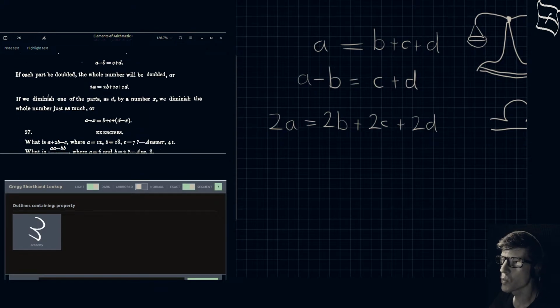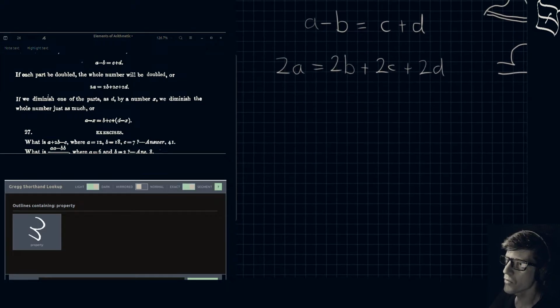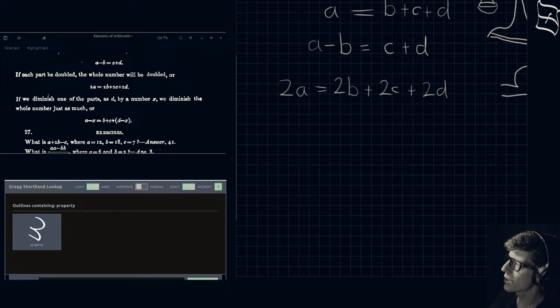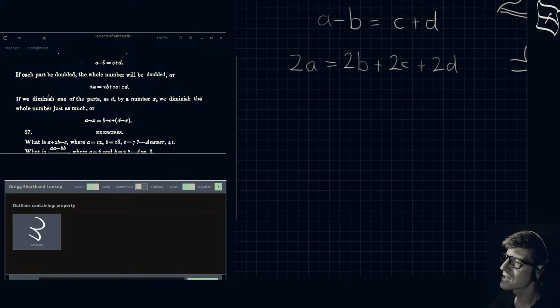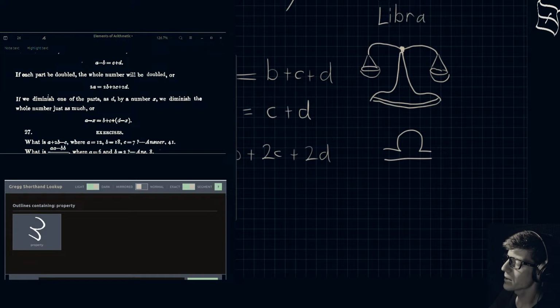If we diminish one of the parts as d by a number x, we diminish the whole number just as much, right? So looking back at a being split into the three parts, b plus c plus d, if we want to take a little bit away from one of the numbers, we have to take it away from the whole. Once again, because we're talking about the Libra.